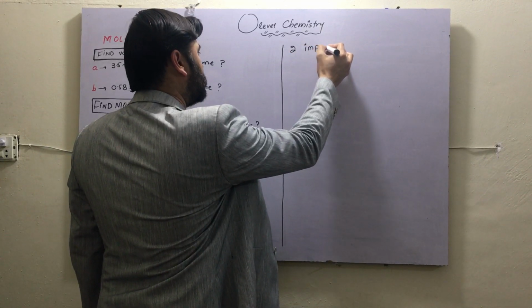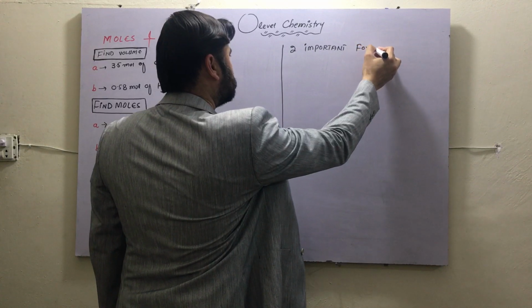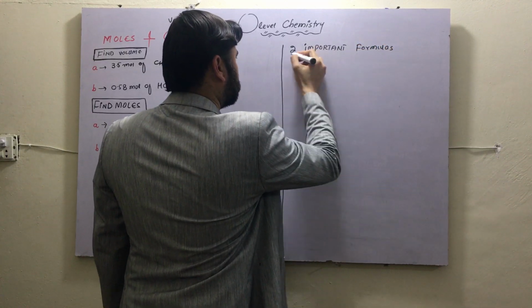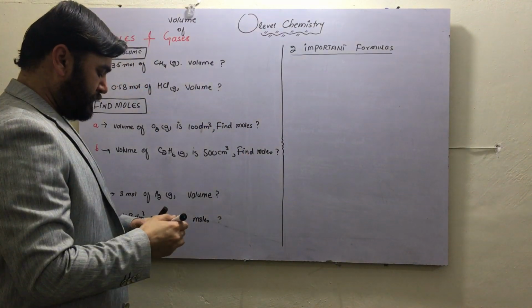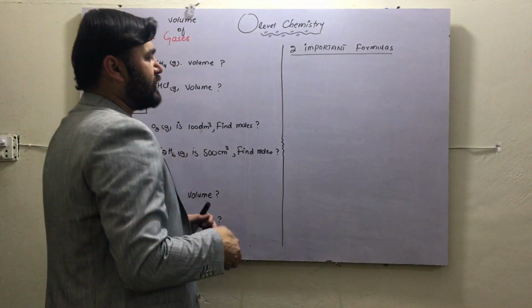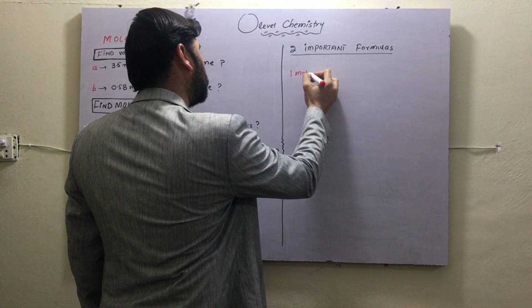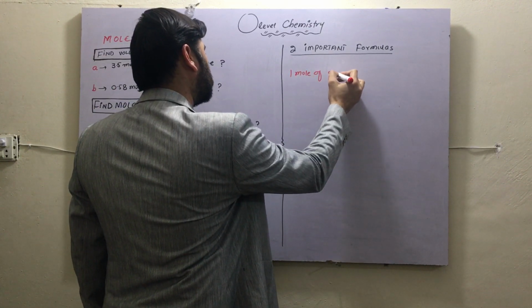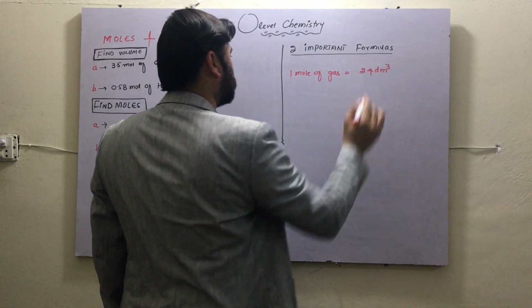Two important formulas to solve all these questions. Very easy formulas. Number one: 1 mole of gas is equal to 24 dm cube.